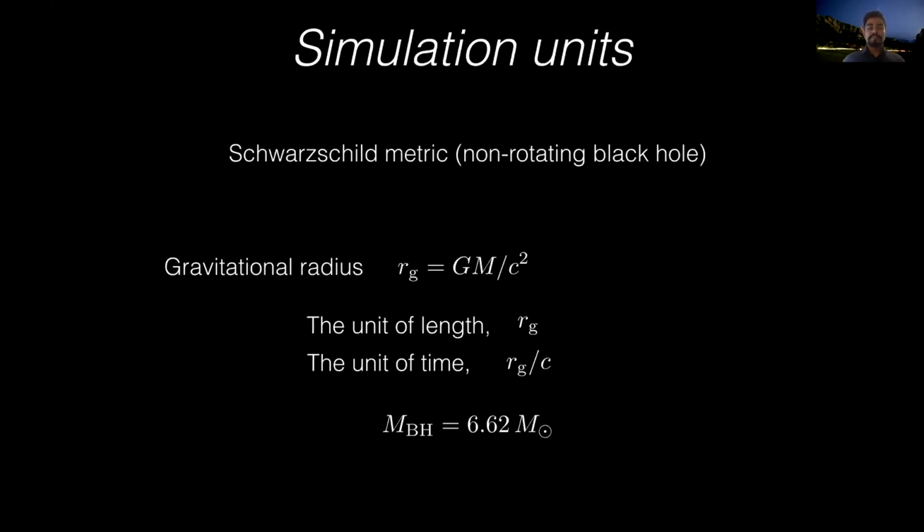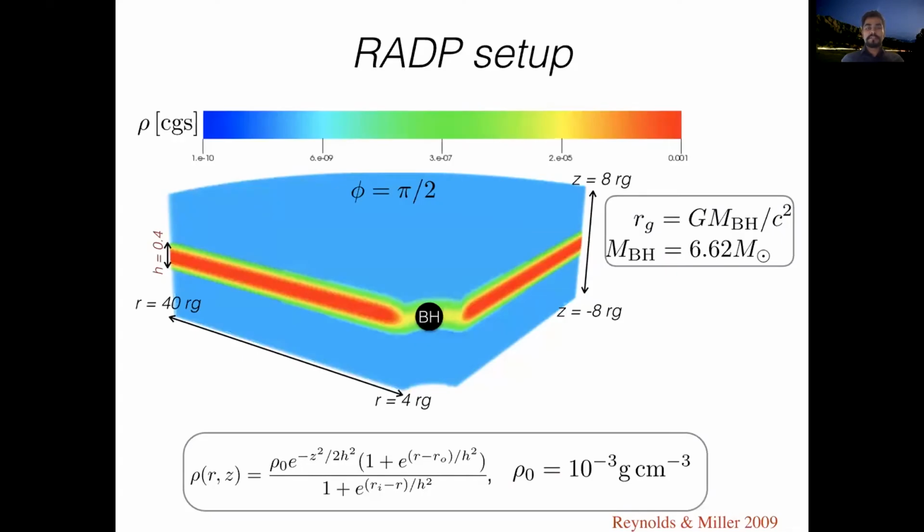The units are really simple, in gravitational radii for length, and Rg over c for time. The black hole mass we are choosing here is 6.62 solar masses, which is not any magic number, but we are following the local shearing box simulations performed in the last decade or so to make a close comparison with those models. The way we set up is a thin slab.